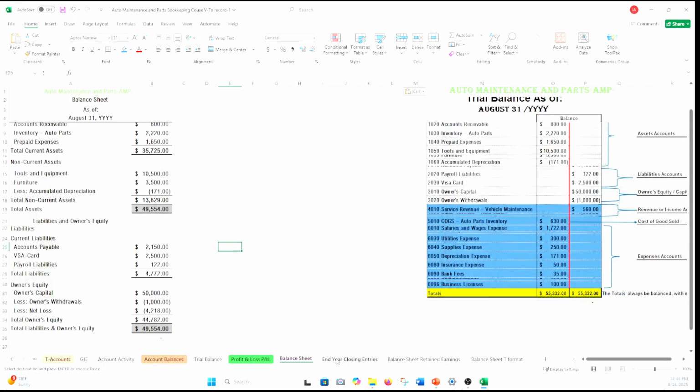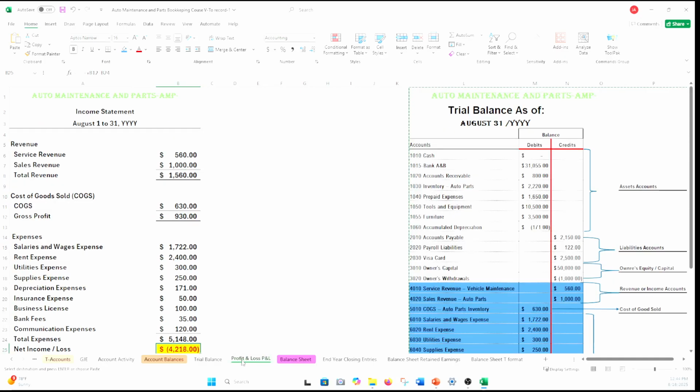So on December 31st, we have to do something that is called end-year closing entries. And the only accounts that we close are the profit and loss accounts. And again, the only assumption that I have here is that the accounting period for this company runs with the calendar year.